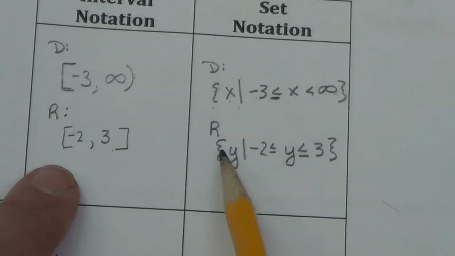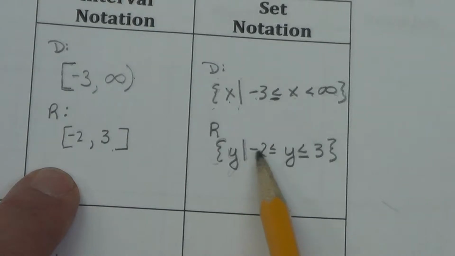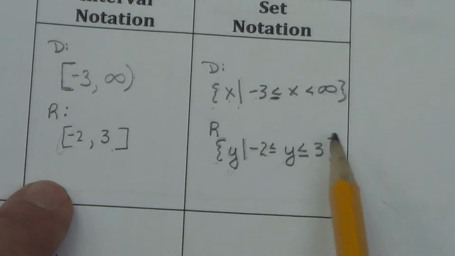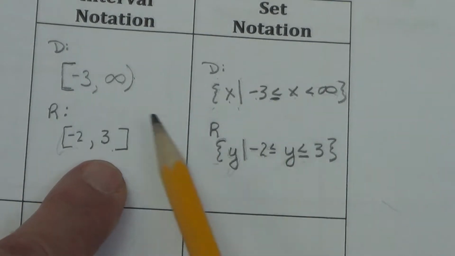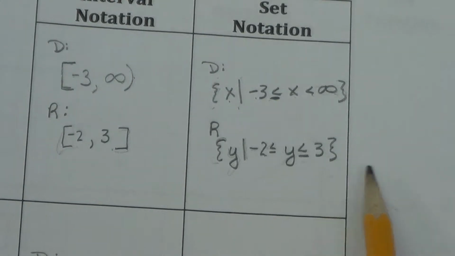On your range, set sign, y such that -2 is less than or equal to y. That's because it has a bracket around it. Y is less than or equal to 3 because it has a bracket around that side. And then the end set sign.